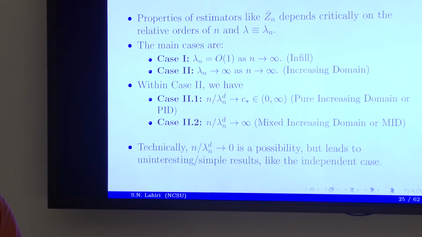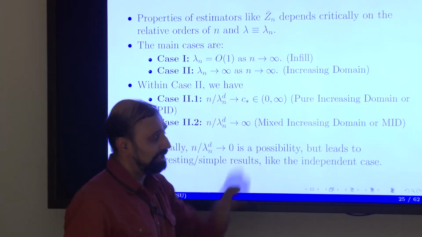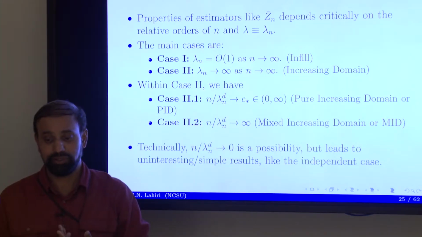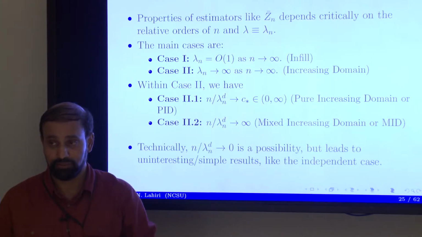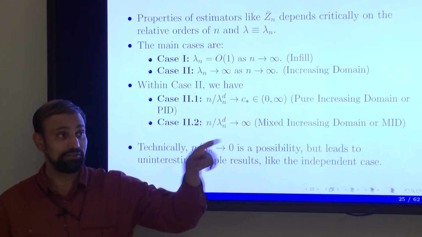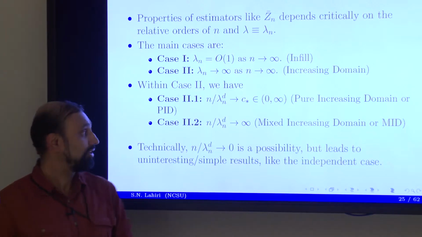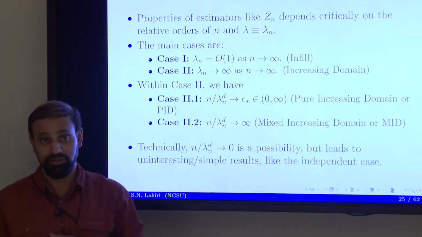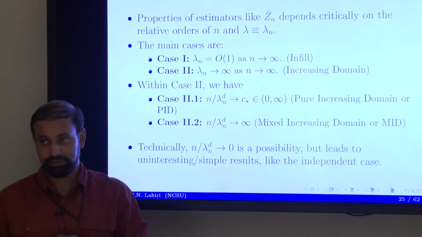And sometimes these are driven by what your objectives are, what you want to do. With infill asymptotics, if you are trying to estimate characteristics of the underlying process, like the autocovariance function, or even the sample mean, it may not give you the right answer.